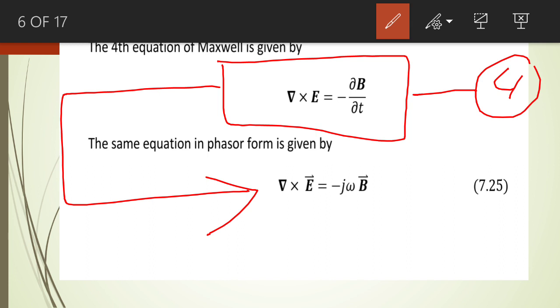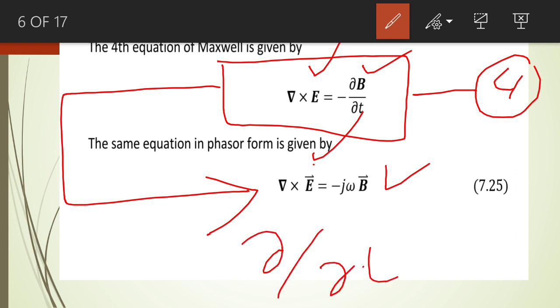In order to convert the instantaneous form of equation number 4 into phasor form, we replace the instantaneous value of the electric field intensity by the phasor value. Similarly, the instantaneous value of the magnetic flux density by its phasor value, and we replace ∂/∂t by jω.